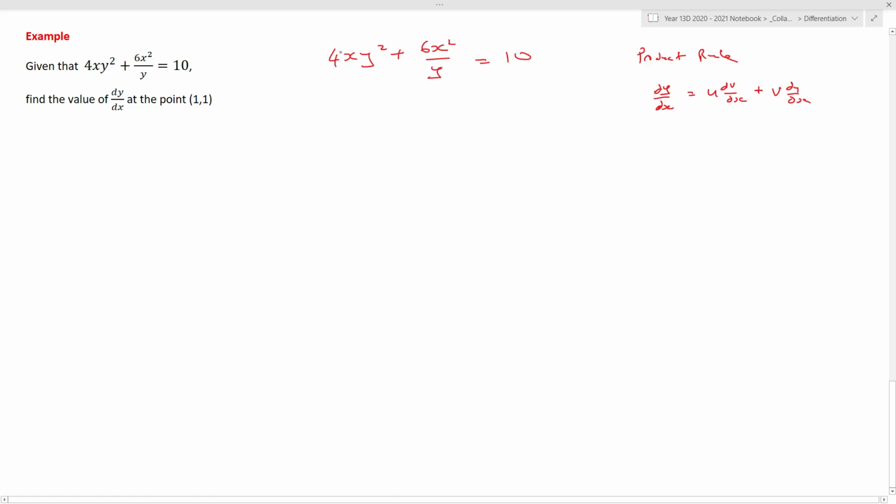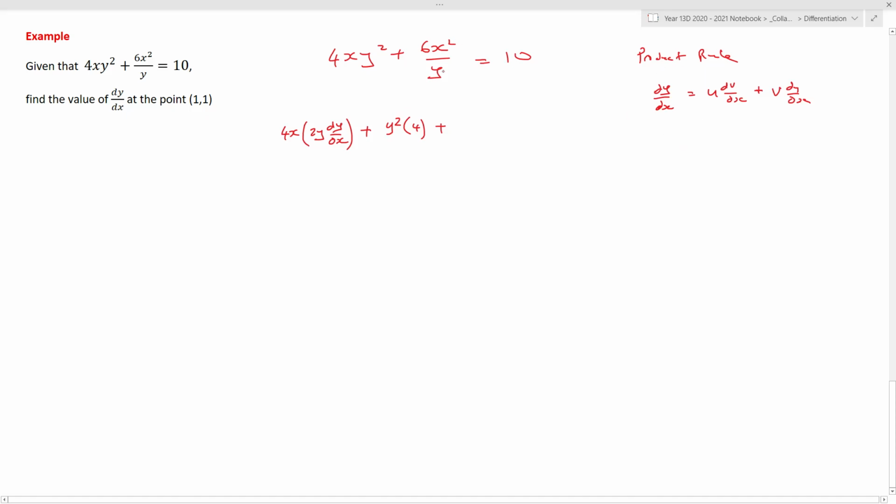If that 4x is u, we just write 4x, and that's v, so we've got to differentiate that. That's going to be 2y dy by dx, plus, this time I'm going to write v, which is the y squared, times differentiate the 4x, it's just 4. So that's our product rule done.